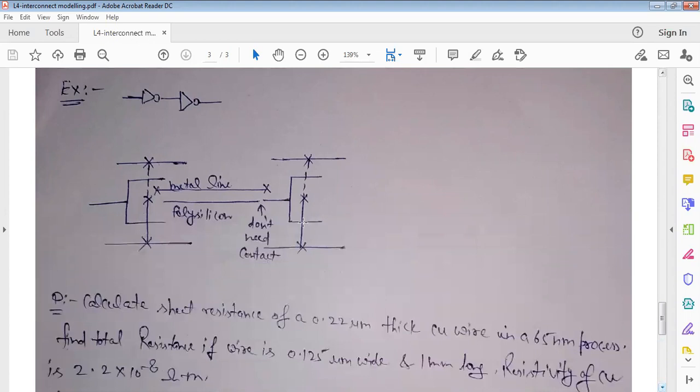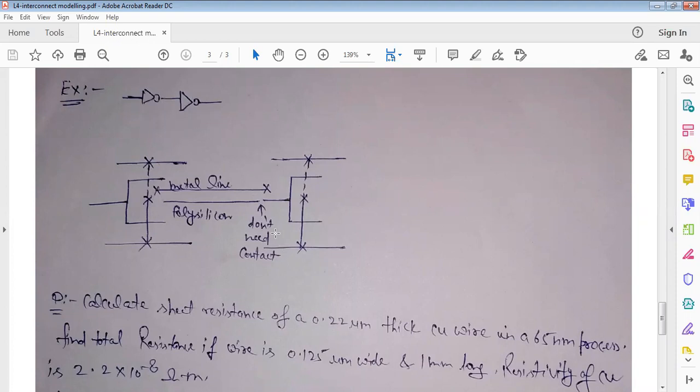Now let's say you are driving one inverter with the help of another inverter. So this is the stick diagram. On the left side, you can see the stick diagram of a CMOS inverter. On the right side, you can see the stick diagram of another CMOS inverter.